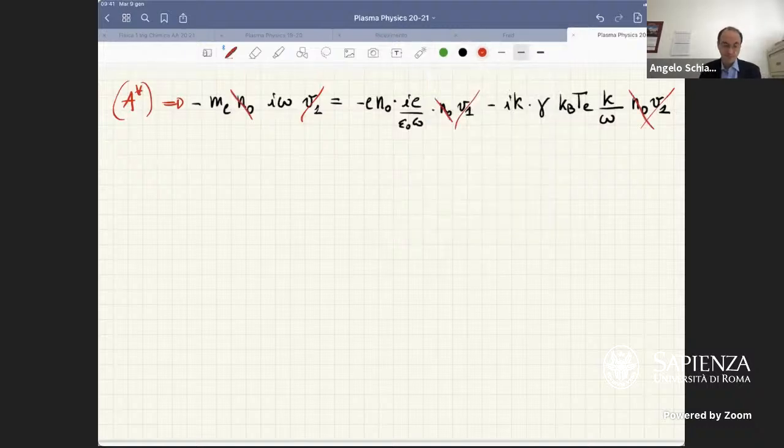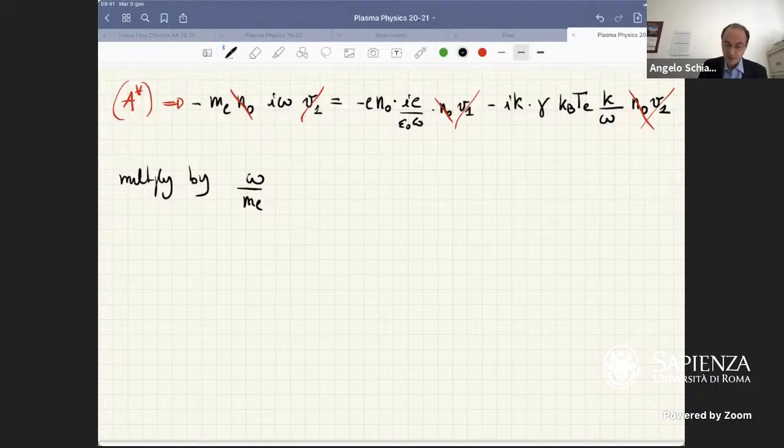Okay. And now we play a bit with this equation, and we multiply everything by omega divided, and we have another divided by ME.